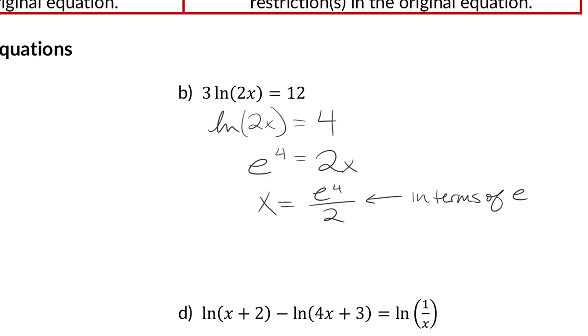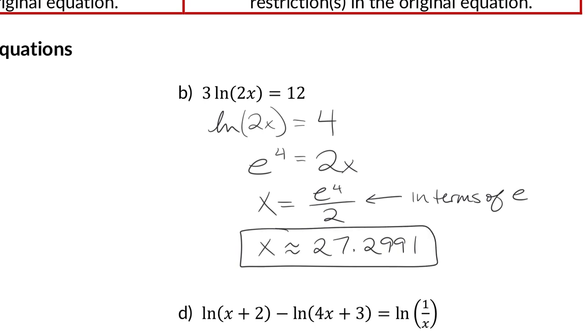You're going to do second divide, raised to the fourth power, divide by 2. You should get that this is approximately equal to 27.2991. Agreed? Nice.